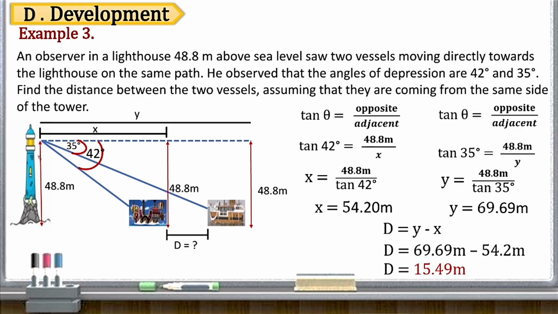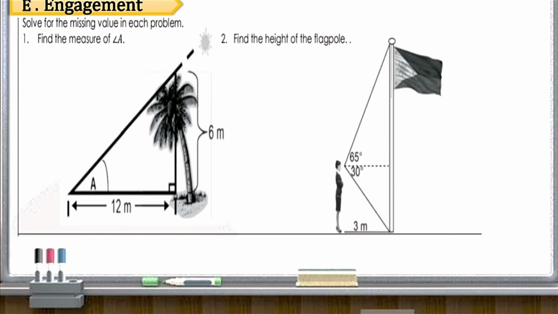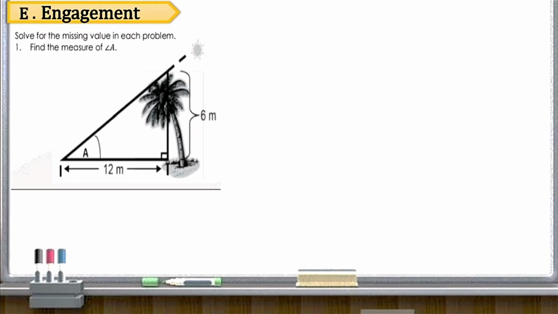Ngayon class, kung medyo nahihirapan pa rin, sasagutan ko na itong number 1 and number 2 para ang sasagutan nyo na lang ay yung assimilation and assessment. So, for number 1, find the measure of angle A. Given class yung opposite and adjacent, so tangent ang gagamitin natin.